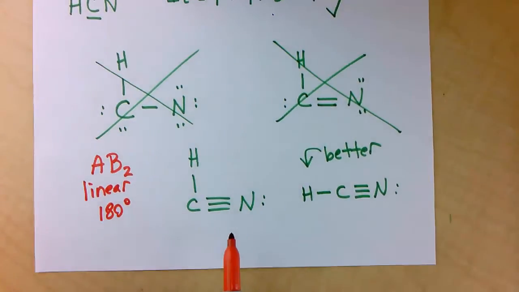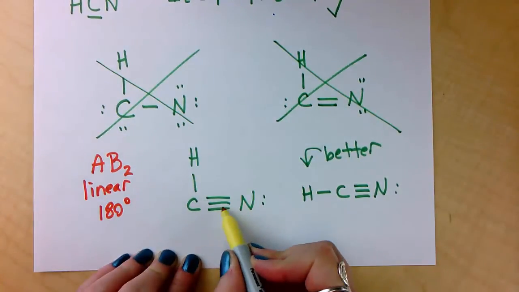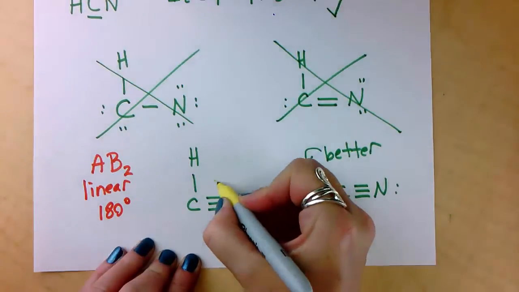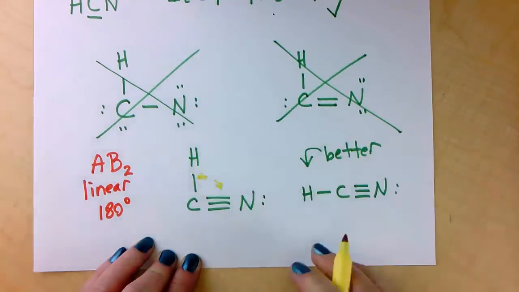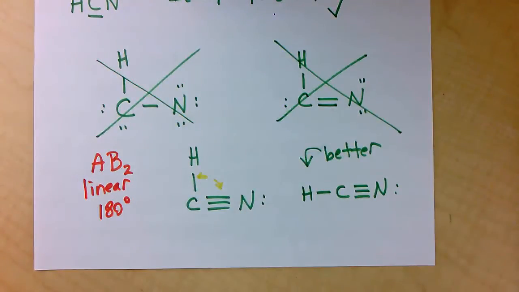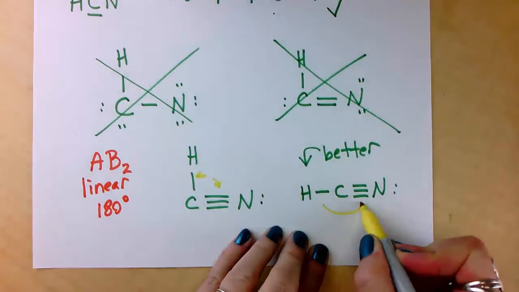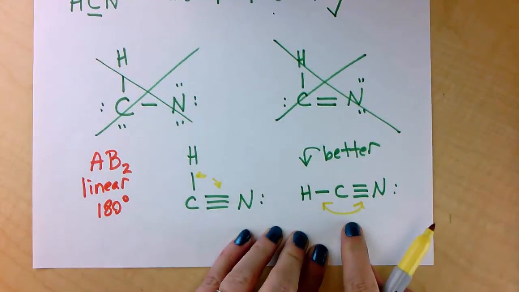Why do you think this is linear in the first place? Why isn't it bent? Well, electrons are negatively charged. And there's electrons in this bond here, and there's electrons in these bonds here. And they're going to want to get away from each other. So we're going to push apart. And the farthest we can get these bonds away from each other is, in fact, 180 degrees.